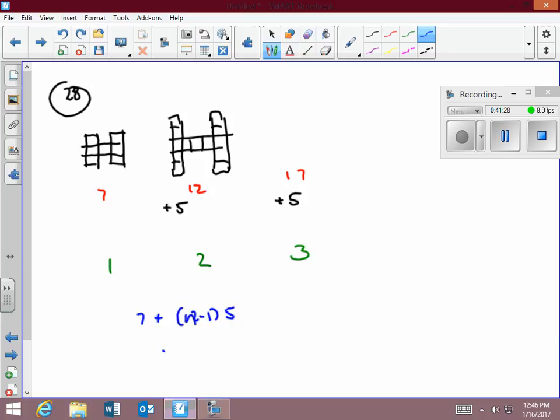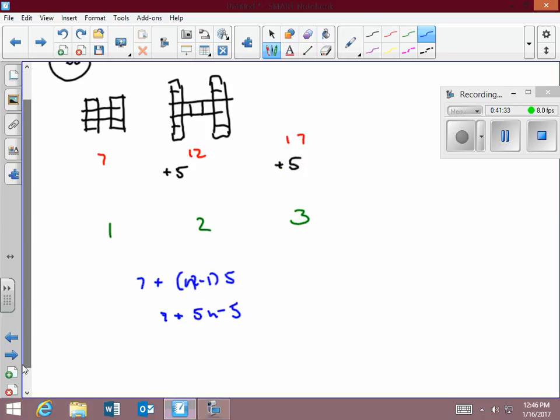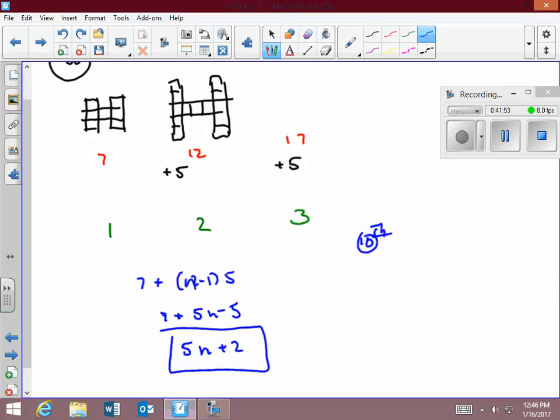Then if you multiply that out, you'd get 5n plus 2. And then the 10th one then, 5 times 10 plus 2.